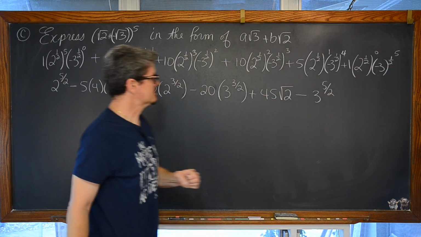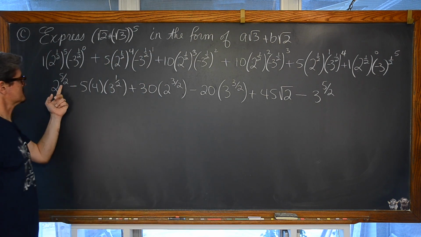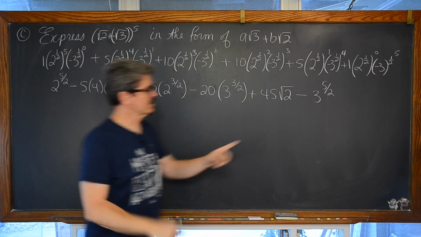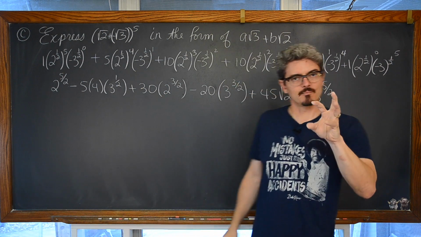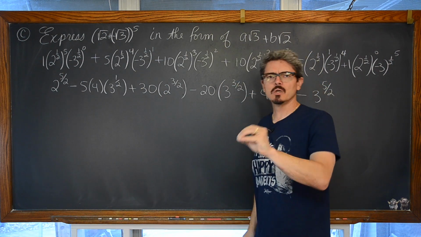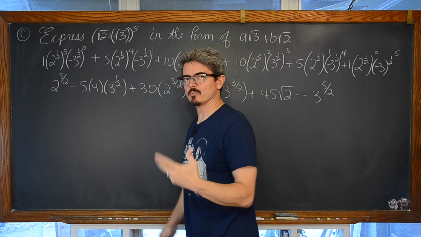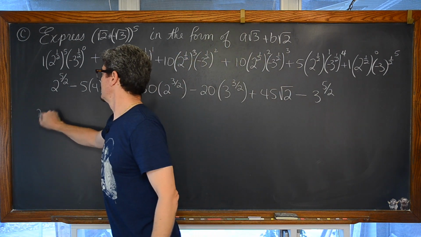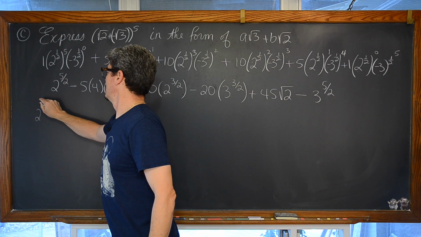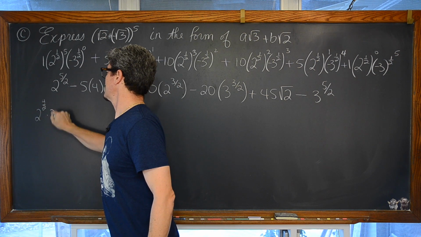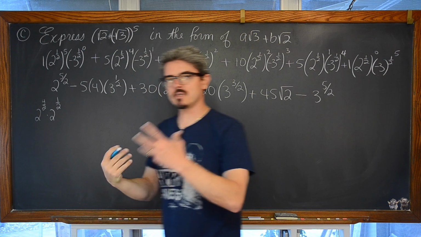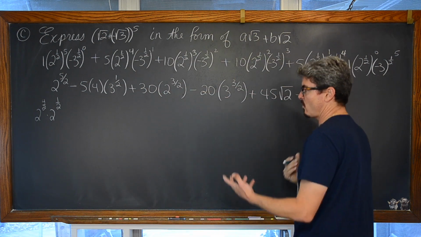Okay, so what I want to show you here is, of course, we're going to pull these fractional exponents apart, so we have like a whole number, if you will, or non-fractional. Well, everything, it's still a rational number, but we have 2 to the what? 4 over 2 times 2 to the 1 over 2. I don't know if you need to see this broke down quite that much.